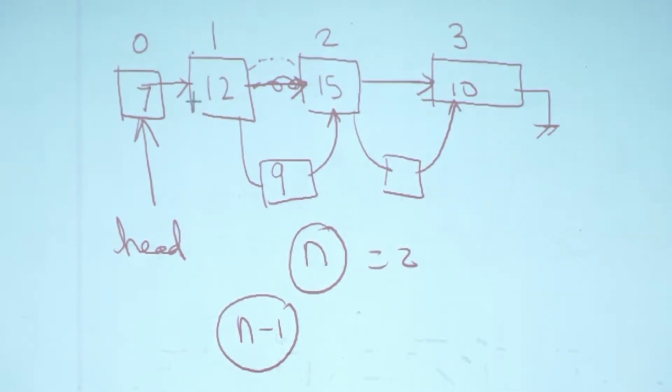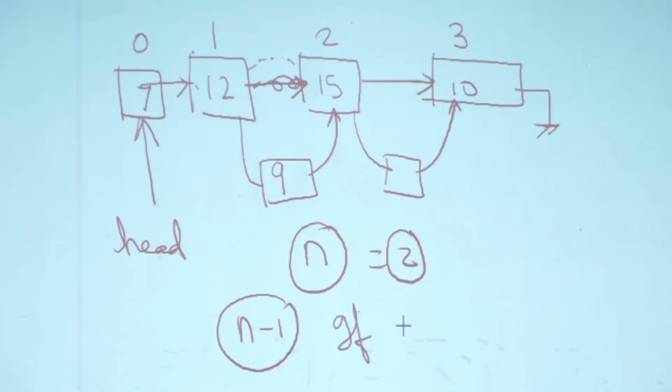If you move forward 2 times, you will reach position 2. So if I have to come here from the head, I have to move 1 position forward, and to come here from the head, I have to move 2 positions forward. So if you want me to position at n, I have to move forward n minus 1 times. Let me write that.